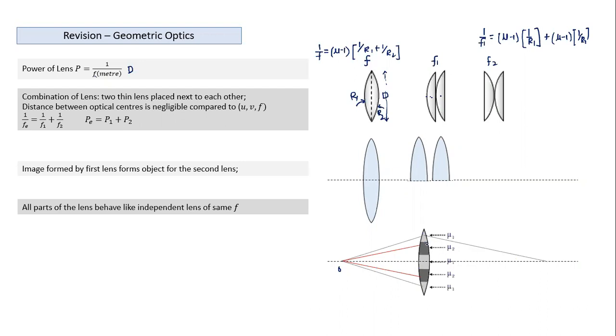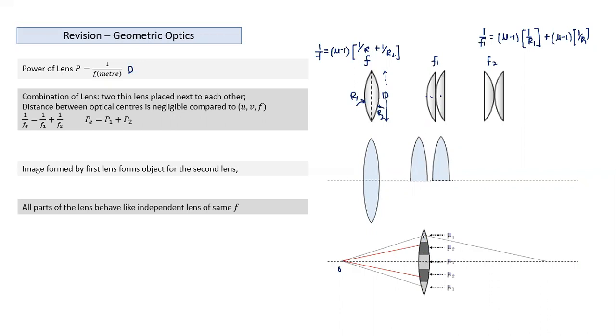So in a way, each part of the lens will have the same focal length if the mu value was the same. Each part of the lens behaves like an independent lens of the same f. So if we remove the rest of it and keep only this part, it will have the same focal length as the rest. But if they are made of different materials, you see a light gray material and a dark gray material.